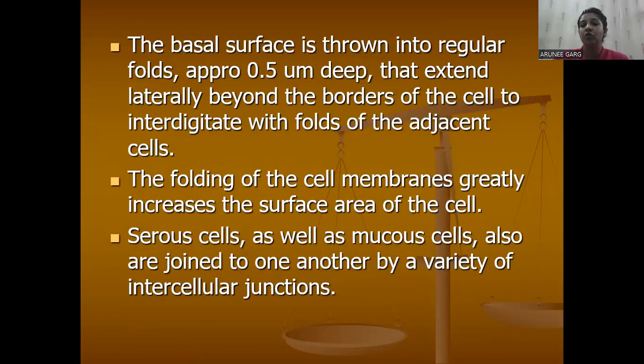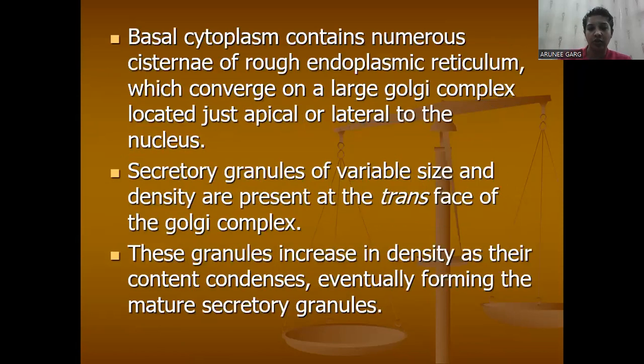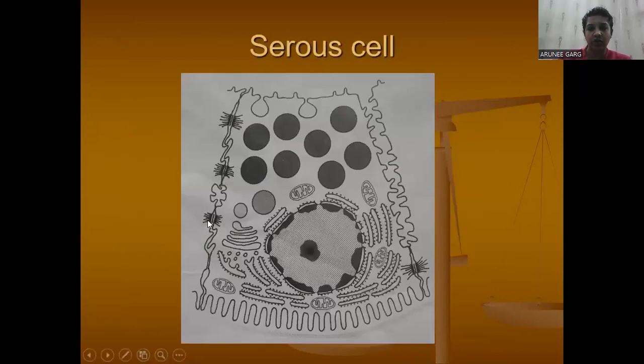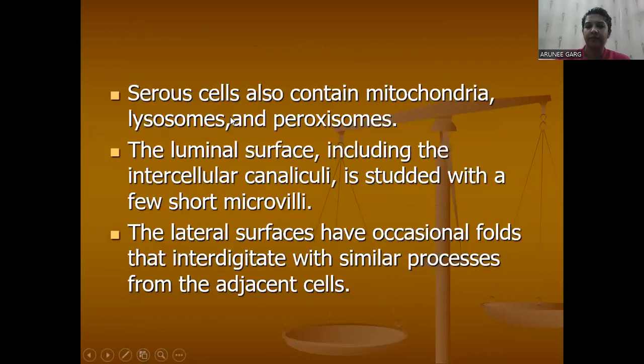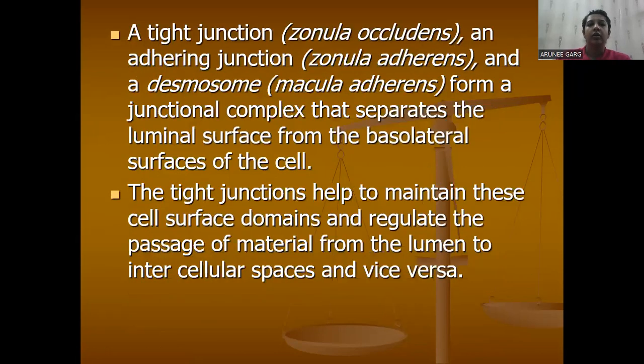Serous cells as well as the mucous cells also are joined to one another by a variety of intercellular junctions shown here. You can see the junctions. A tight junction, also called zonula occludens, an adhering junction, zonula adherens, and a desmosome, macula adherens, form a junctional complex that separates the luminal surface from the basolateral surface of the cell.